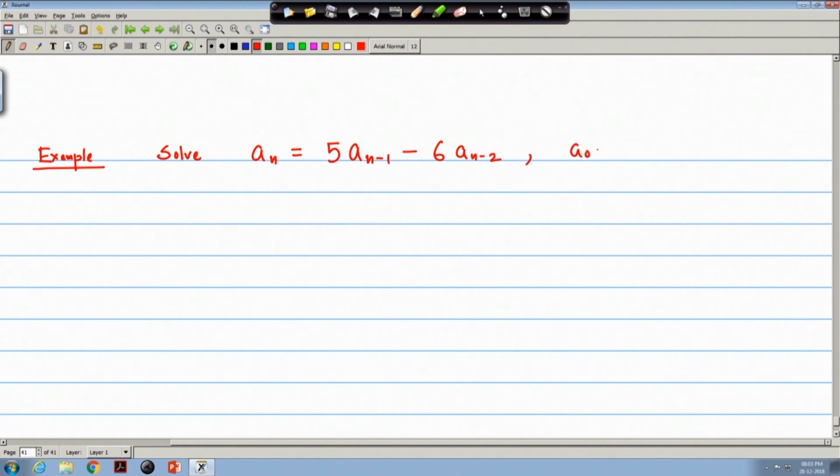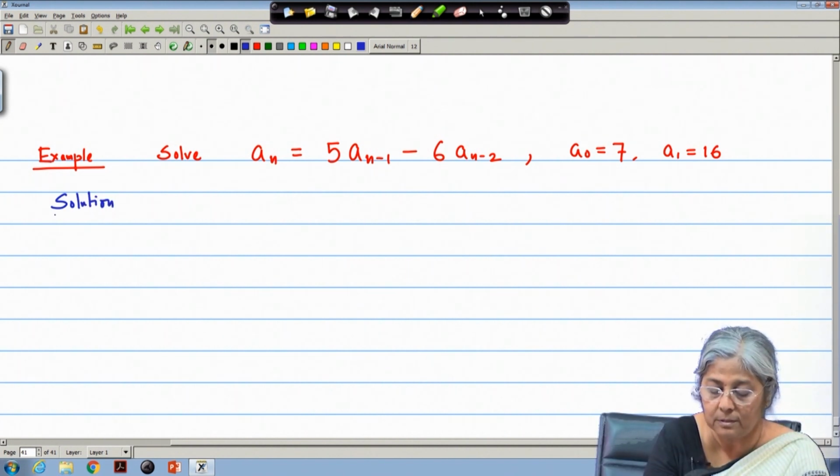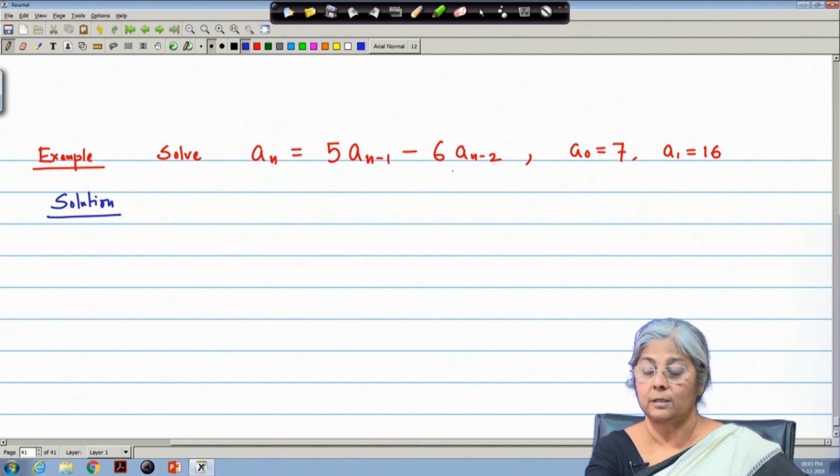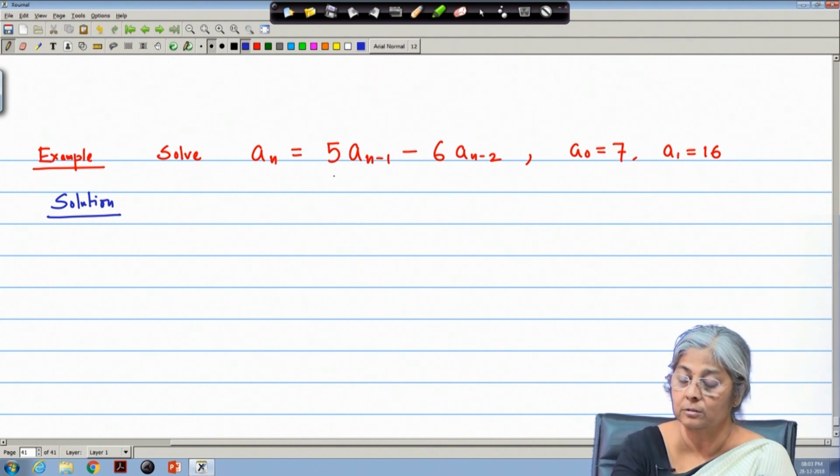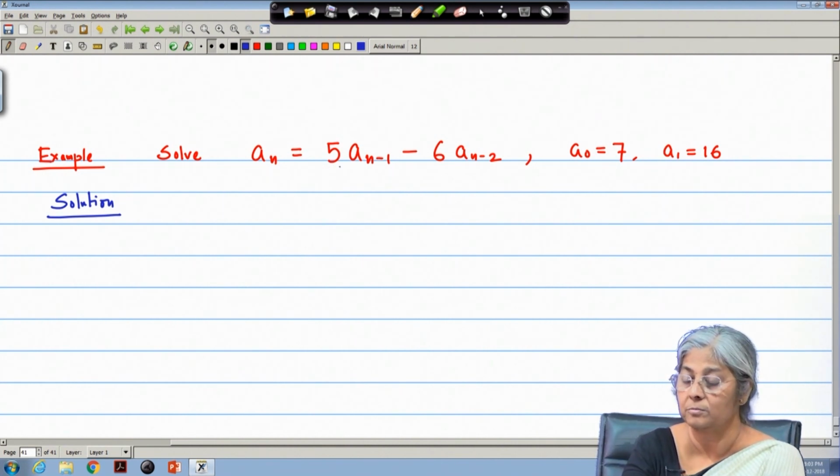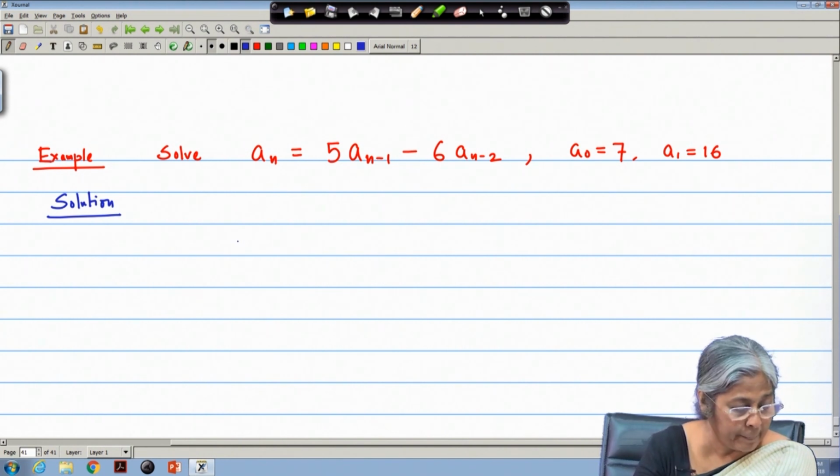Initial conditions given are a0 equal to 7 and a1 equal to 16. So, we see the solution. First thing, this is a linear recurrence relation, homogeneous with constant coefficients, 5 and 6 are constants.